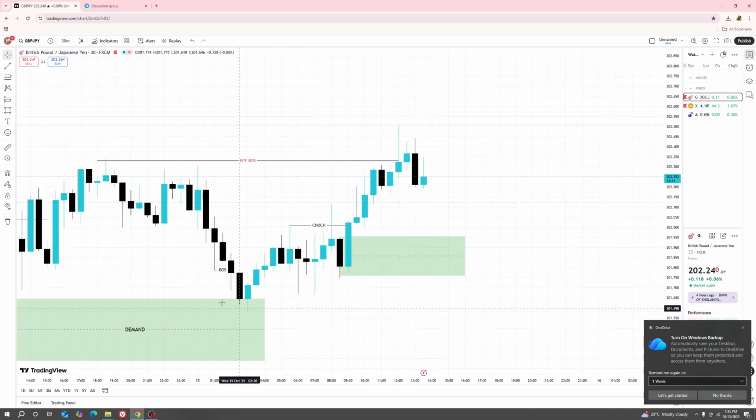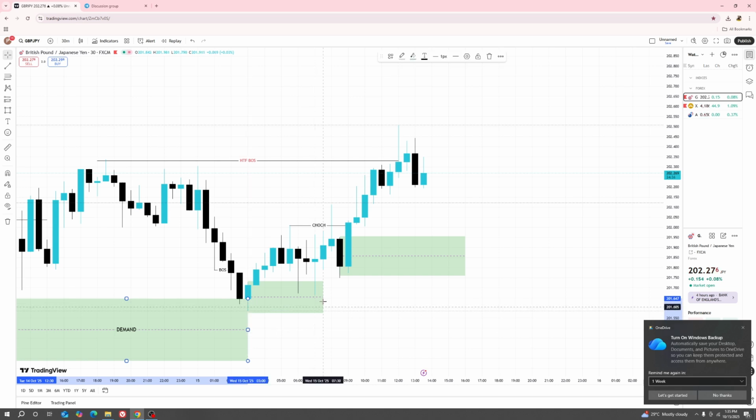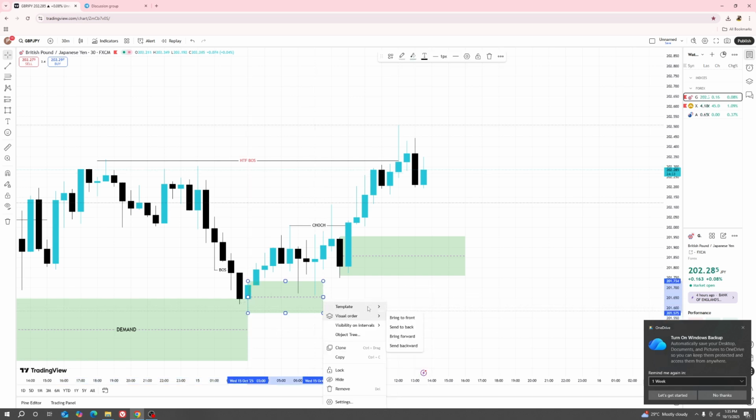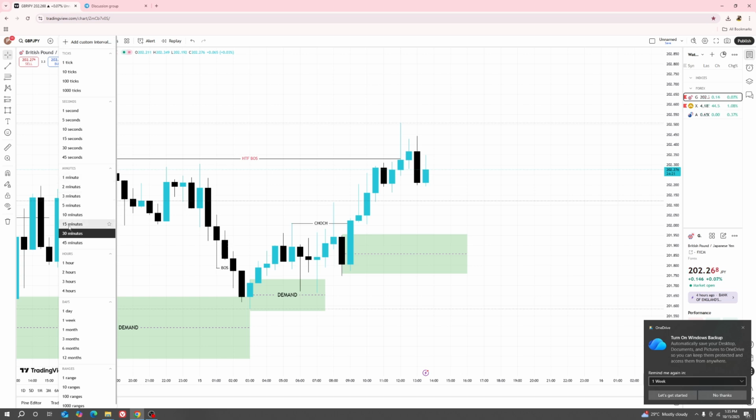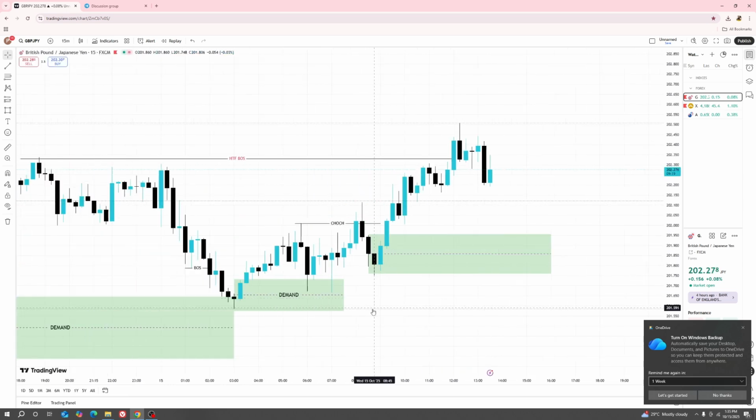And this was the demand level that caused price to change character. So let's refine it to our 15 minutes, which is our entry time frame.